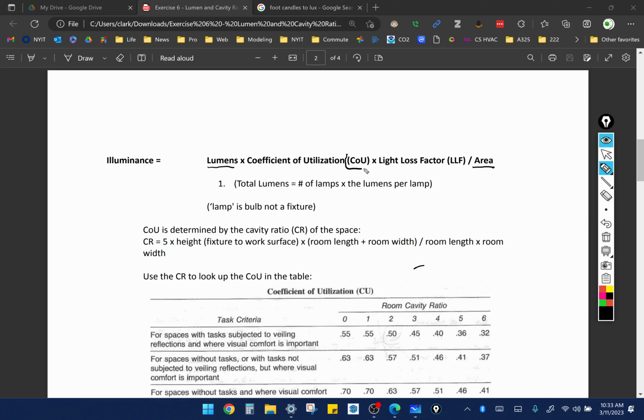One of them is coefficient of utilization, that has to do with the geometry of the space. And it's related to the cavity ratio. Because of this chart, the higher the cavity ratio, the lower the coefficient of utilization.